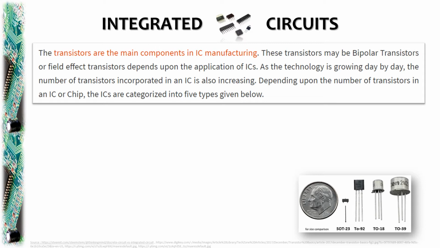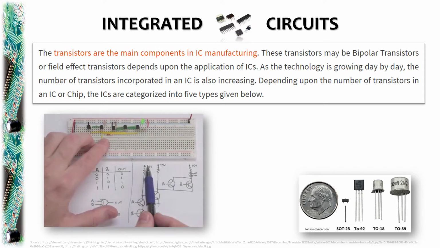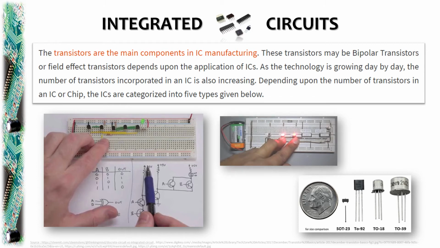So we need that connection for the external circuit. These transistors may be bipolar transistors or field effect transistors, depending upon the application of the IC. So it depends on which type of application you are going to use, and based on that we select the transistor.